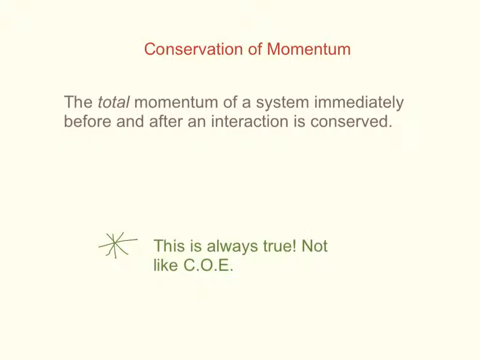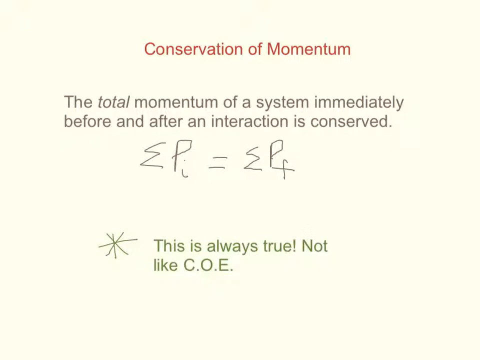And what you were observing there was what we call the conservation of momentum, which states that the total momentum of a system immediately before and after an interaction is conserved. Mathematically, what that means is if I take the sum of all the individual momentums before an interaction occurs initially, it has to be equal to the sum of all individual momentums within a system after the interaction occurs.